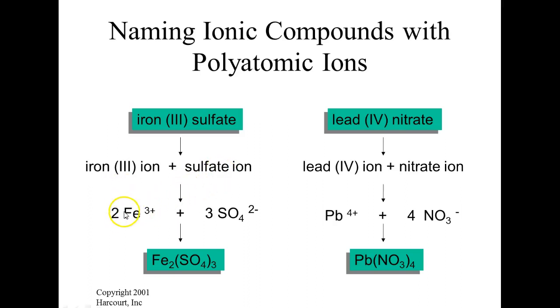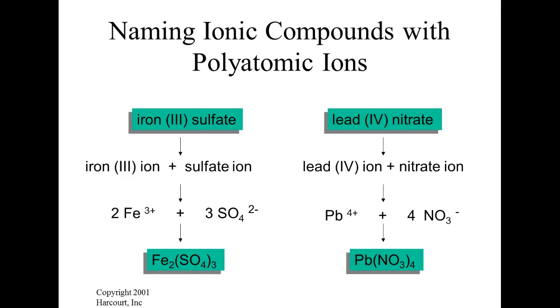So for example, if we have Fe3+ and we have sulfate, which the whole chunk has a -2 charge, I'm going to swap these two like we've done before, but I'm saying that I need 3 of these chunks, so I better put this whole big chunk in parentheses so that it makes more sense.